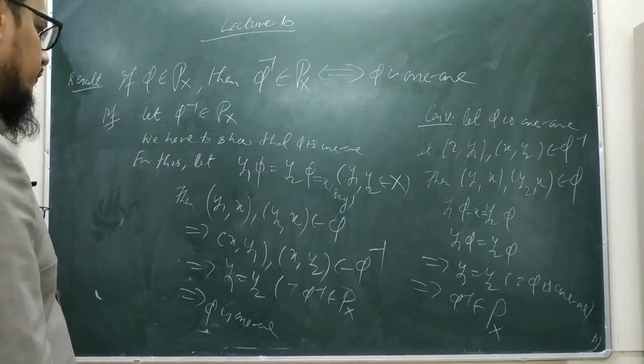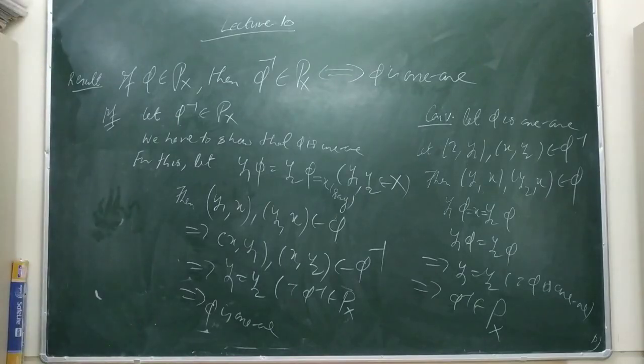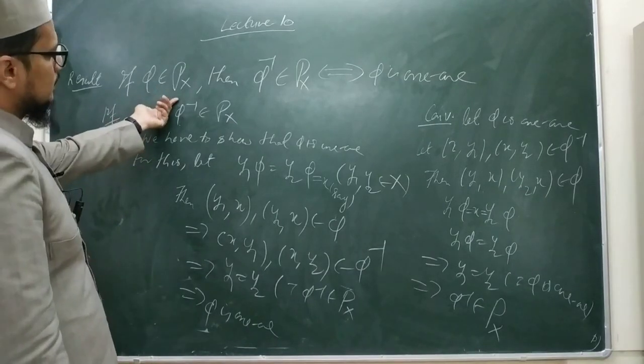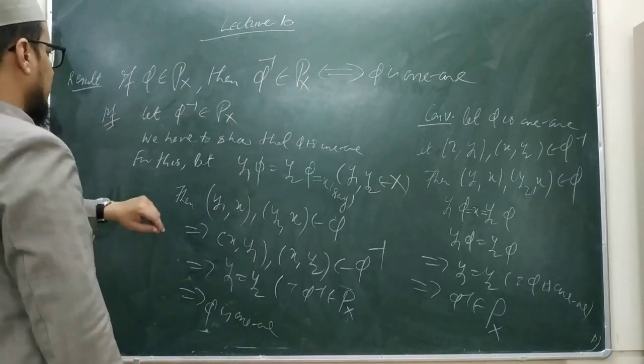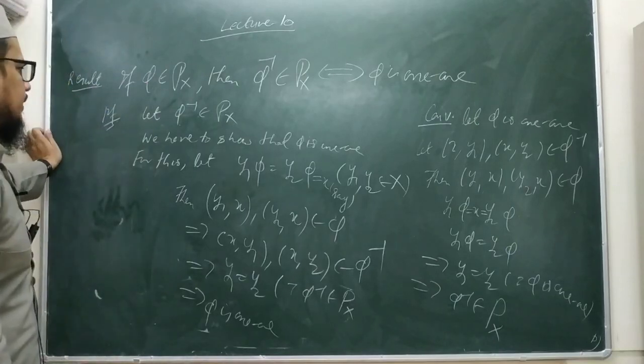So in this way we have proved it. Anywhere have we used the information that phi belongs to Px? It is given that if phi belongs to Px, then phi inverse belongs to Px implies phi is 1-1. So have we used this or not? Let phi inverse belong to Px.